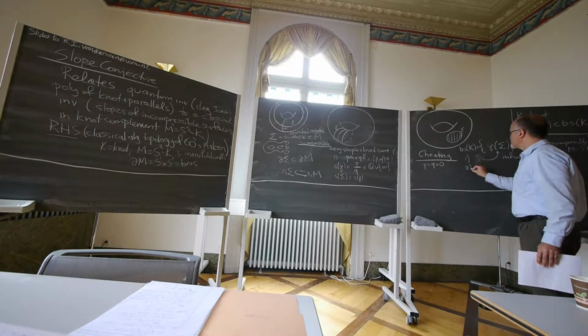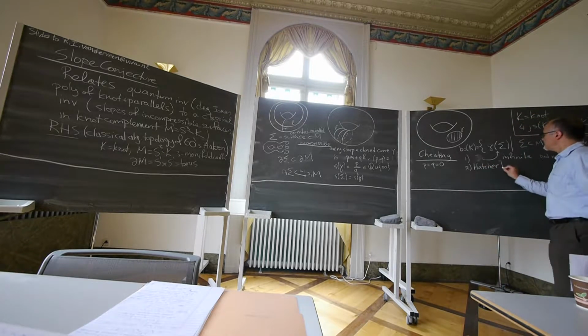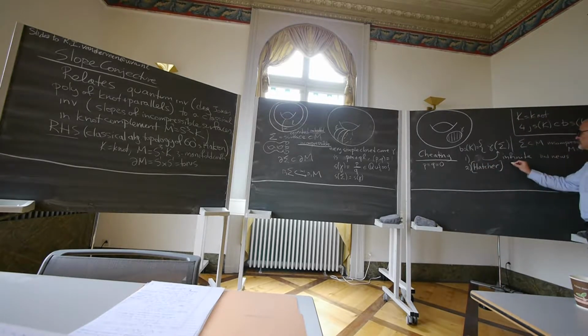But the good news is that Hatcher proved in the early 80s that Bs is finite, always finite. Not just for a knot complement, but for any three-manifold whose boundary is a union of tori.